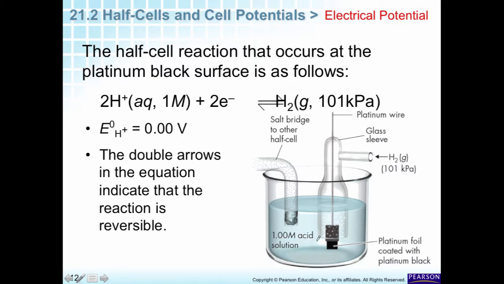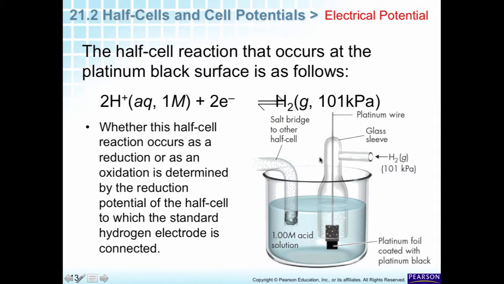So this is turning this acid solution into hydrogen gas. Okay? And we set that as 0. Since we have double arrows here, that's equilibrium, so it's reversible. And as I said before, whether it becomes a reduction like this, or if it's actually an oxidation, depends on what it's connected to.